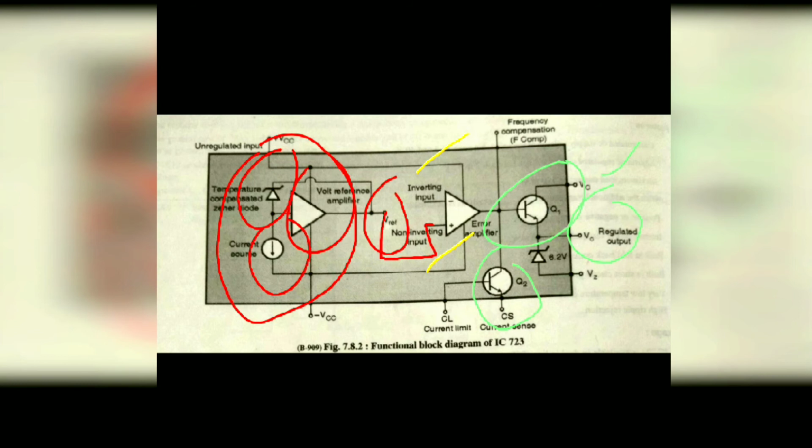Then you can observe the frequency compensation circuitry, which is pin number 13. For the unregulated inputs, minus VCC is to pin number 7 and plus VCC is to pin number 12. So this is a very simple internal functional block diagram of IC723.